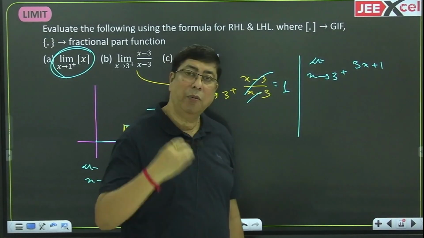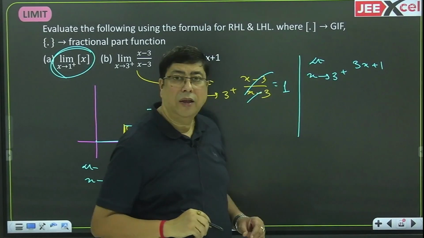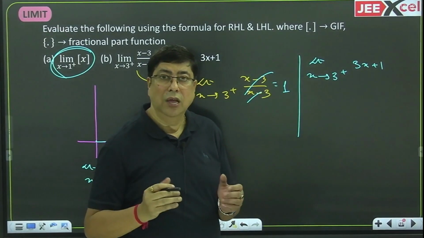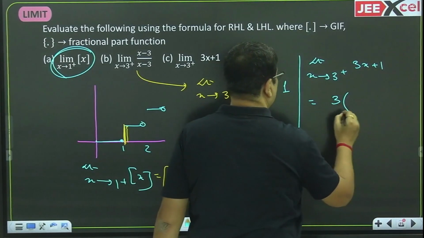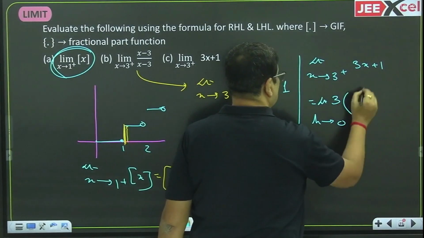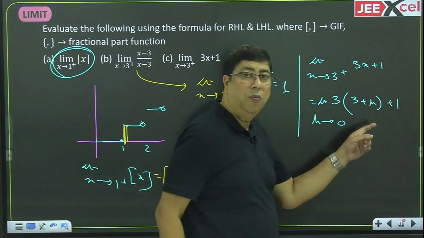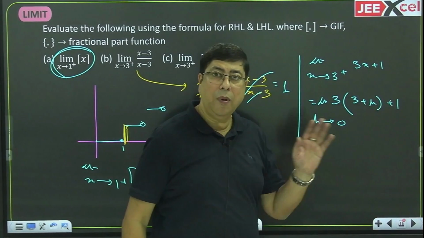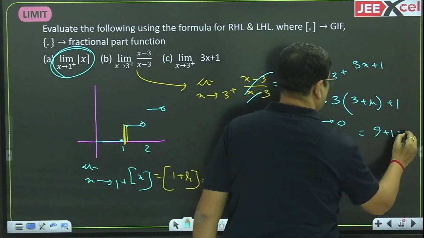Suppose we don't know that properly, then we write x equal to 3 plus h, so limit h tends to 0 of 3(3 plus h) plus 1. Now put 0 in place of h. There is no denominator, so no problem. We can directly put the value, so that is 9 plus 1 equal to 10.